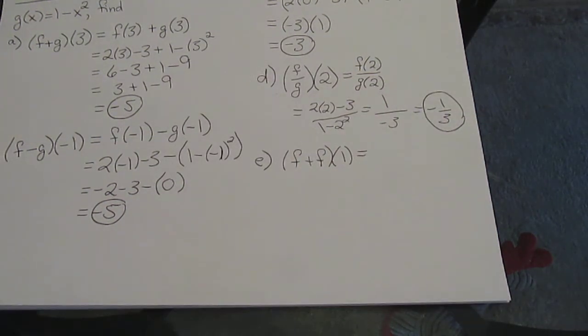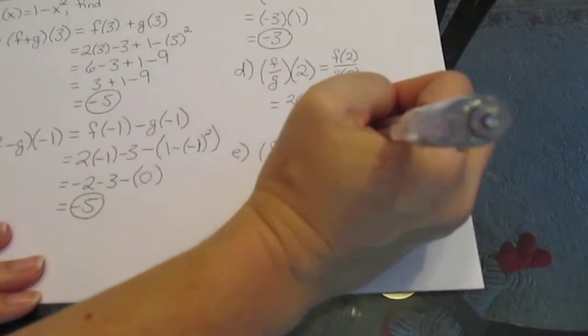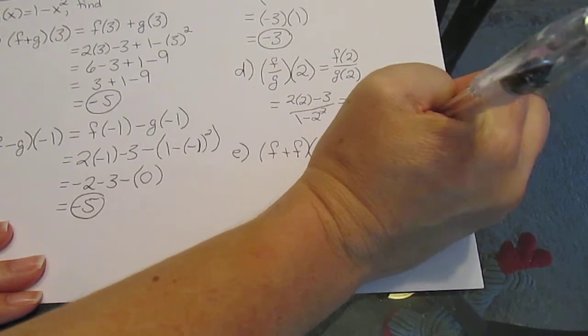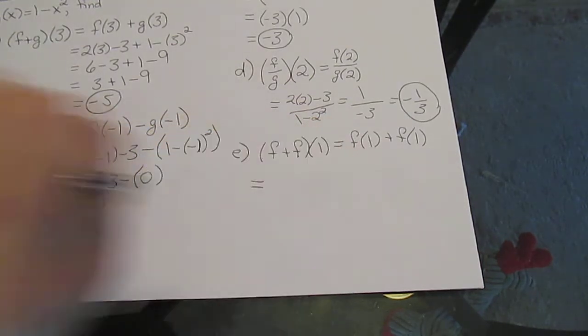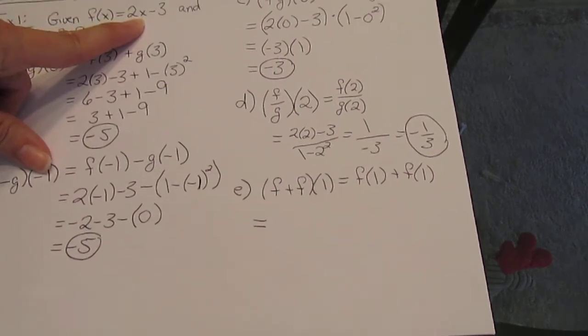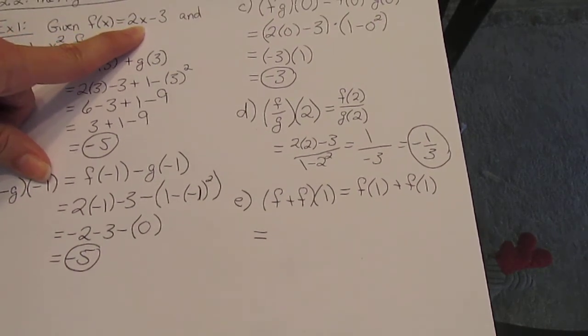Okay, but you're still doing the same thing. You're just going to use the f function twice. So I'm going to rewrite it. f of 1 plus f of 1. And we're just plugging 1 in for x, and we're just using our f function this time.